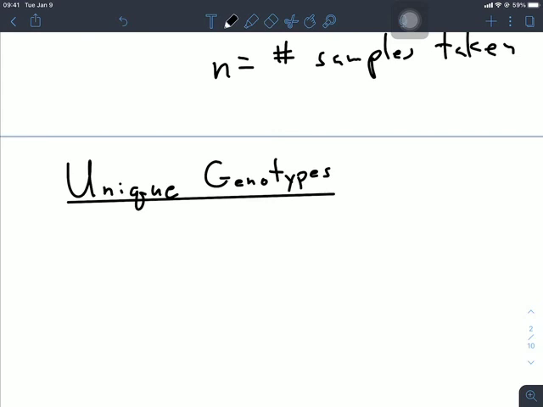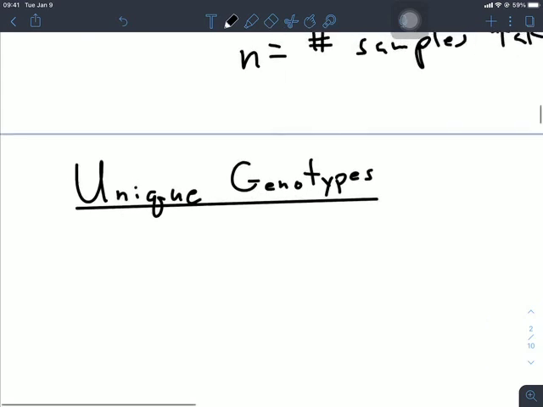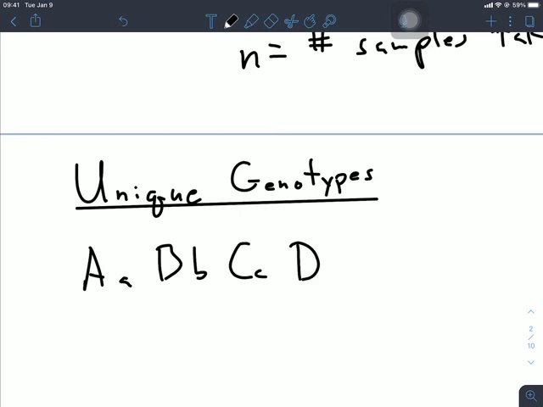So slightly different here. Let's say that we're again given our loci of A, B, C, and D, where all individuals are heterozygous. And you're going to cross them.